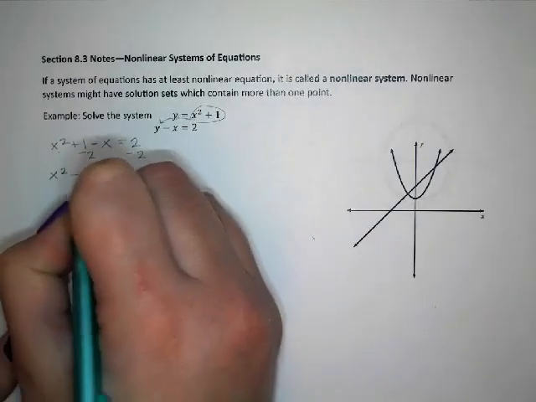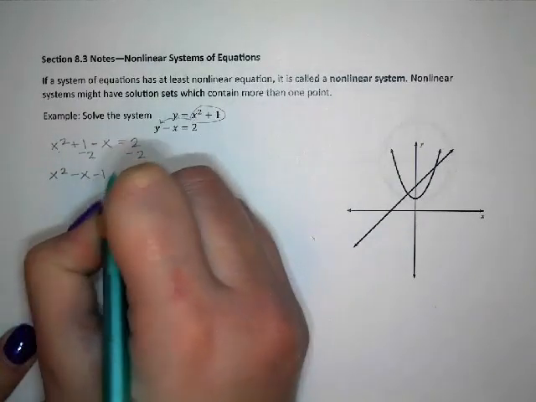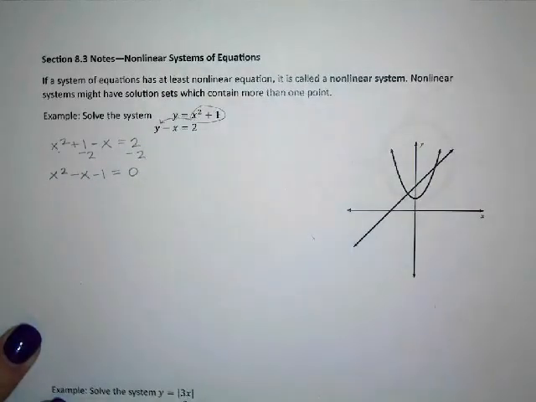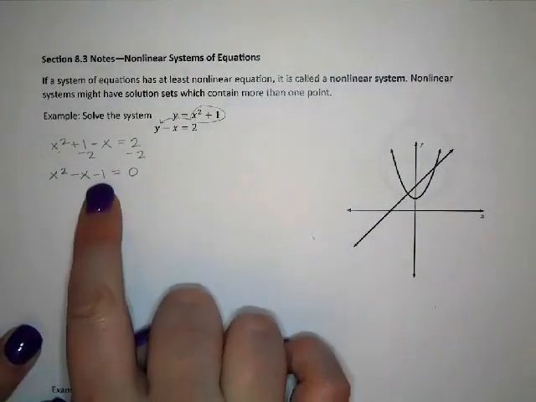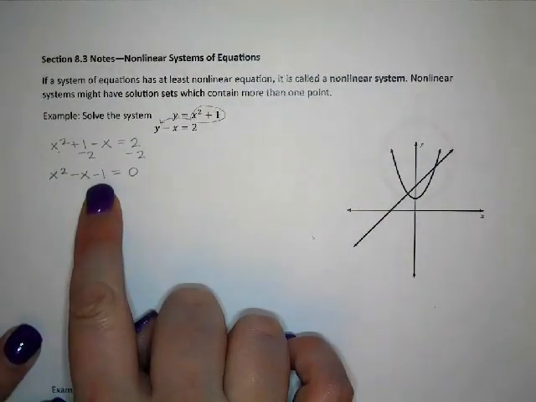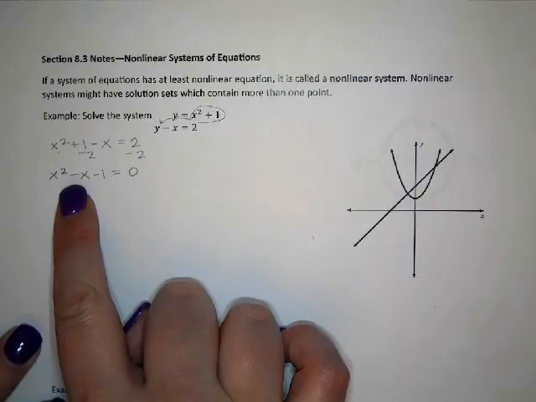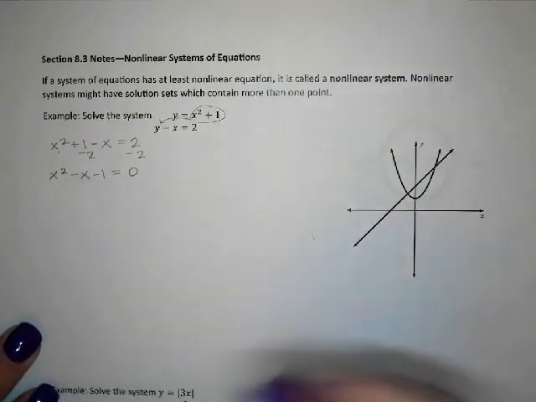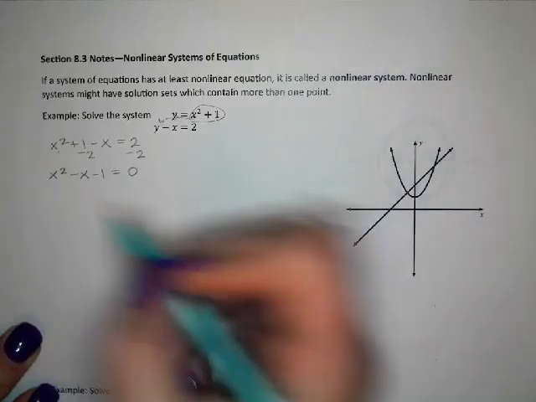And I'm going to write this in the correct order. So I'm looking for 2 numbers that multiply to -1, that add to -1 if I'm factoring, and that's not possible, which means that this is a quadratic formula problem.